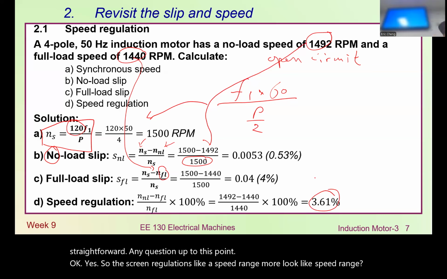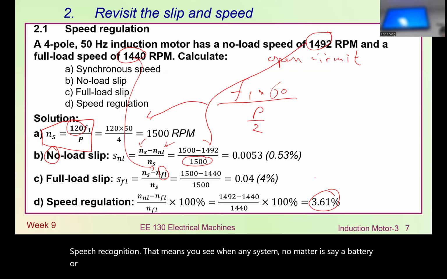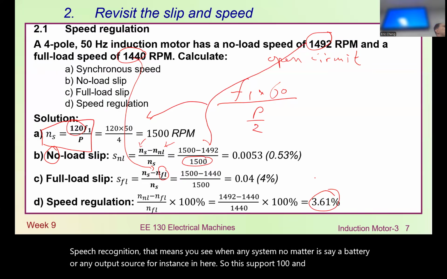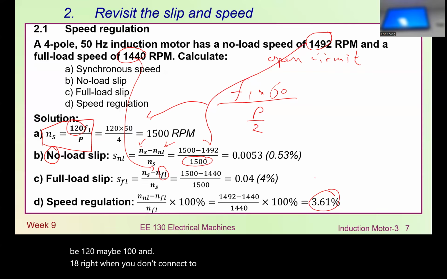Speed regulation, that means when any system, no matter whether it is a battery or any output source, for instance here, this is supposed to be 120 volts, but when you put more load there, say a hair dryer, you have more current drawn, and it may not be 120, maybe 118, right? When you don't connect to anything, the voltage may not be 120, maybe 122, right?